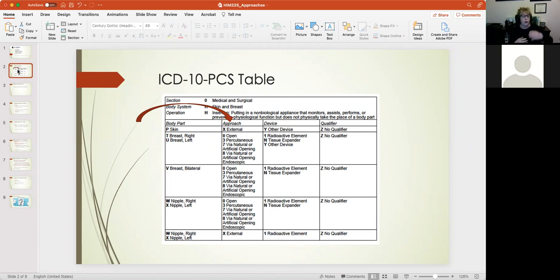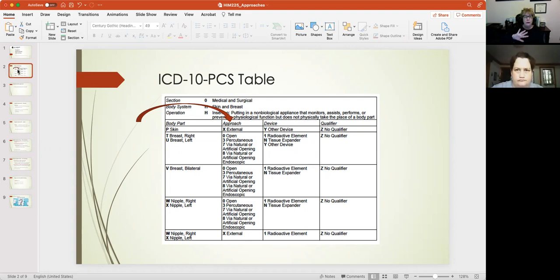So remember, the 2nd character, the body system, is the overall body system, but the 4th character, body part, is the very, very specific anatomical site that is being cared for, that is being attended to in this procedure.